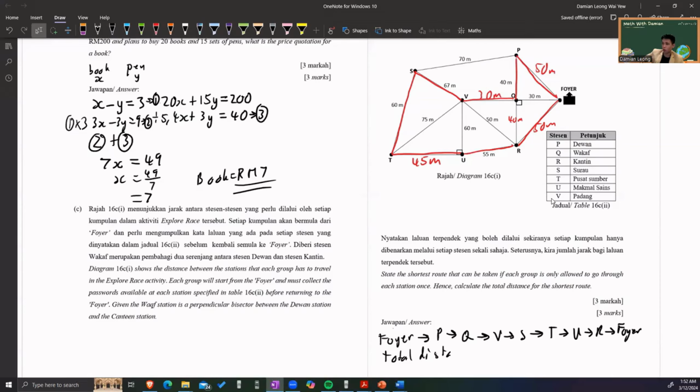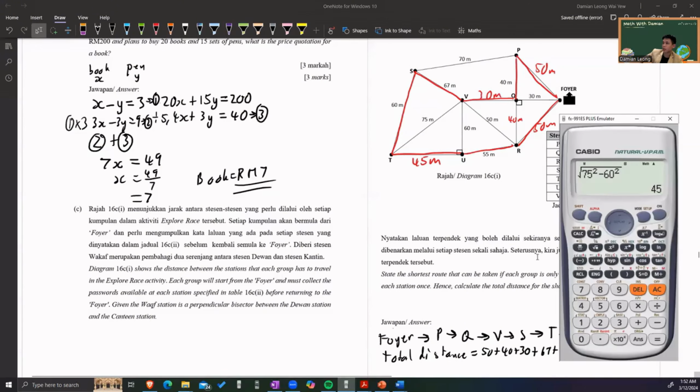Just add up all the distance along the path. 50 plus 40 plus 30 plus 67, 60, 45, 55, and 50. By the way, if you're wondering how I get this 50, it's Pythagoras theorem, square root of 30 square plus 40 square, 50. Okay, same goes here. 40, 50, then this must be 30. It's the same triangle.